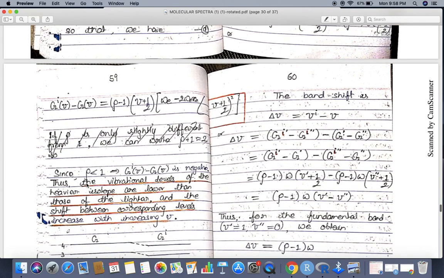Since this rho is less than 1, the Z of the isotope, nu minus e, is a negative quantity. Again, from here itself it is negative.